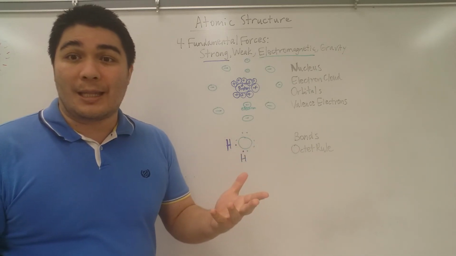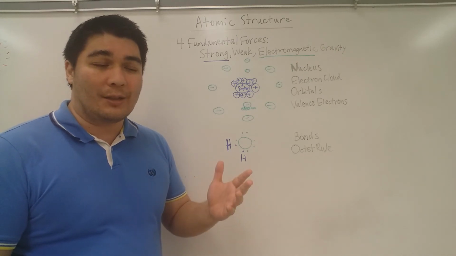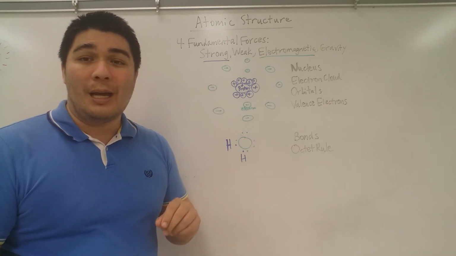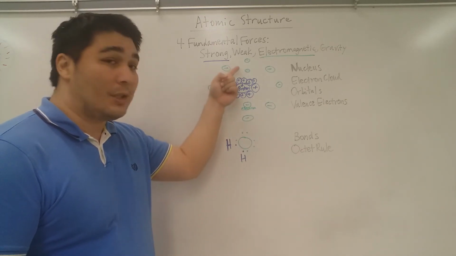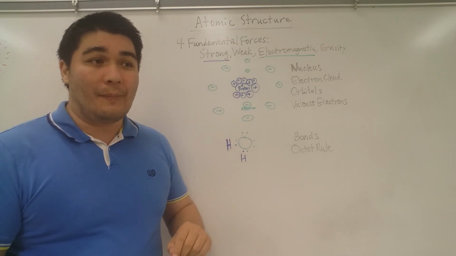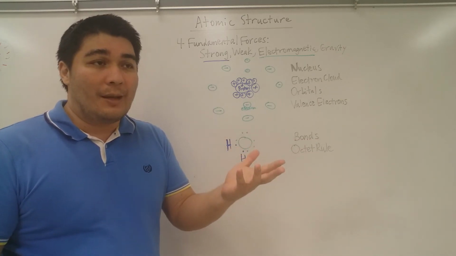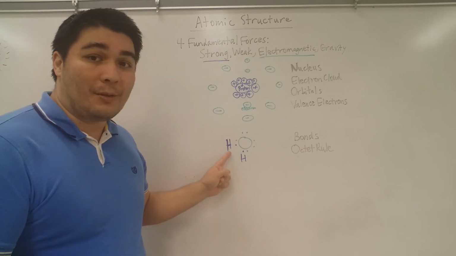That makes them happy, because their valence electrons are filled when it's got 2, because that's the first set, like this one over here. The first inner level is 2. So for hydrogen, it can only take 2 in its orbital, its valence electrons. So that's why it's a happy arrangement.